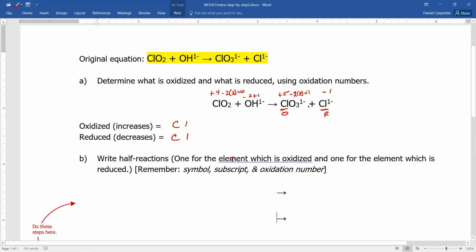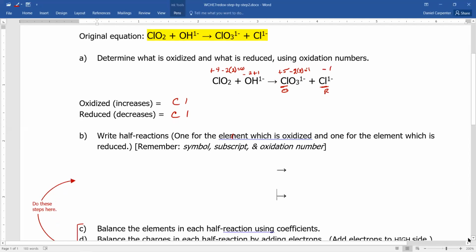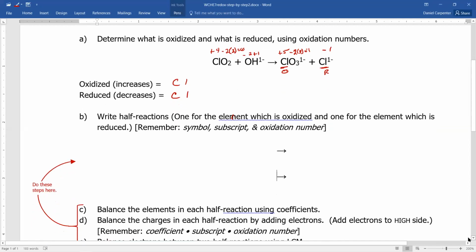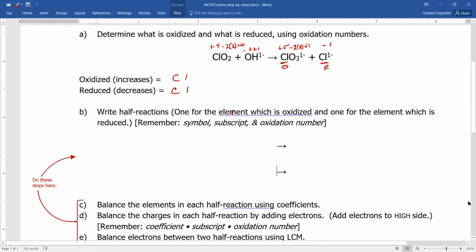So we still do it the same way. There's going to be one slightly different thing at the end, but we can keep going just like normal. So now, if you have not done it yet, you should write the half reactions. Remember, the half reactions need symbol, subscript, and oxidation number.